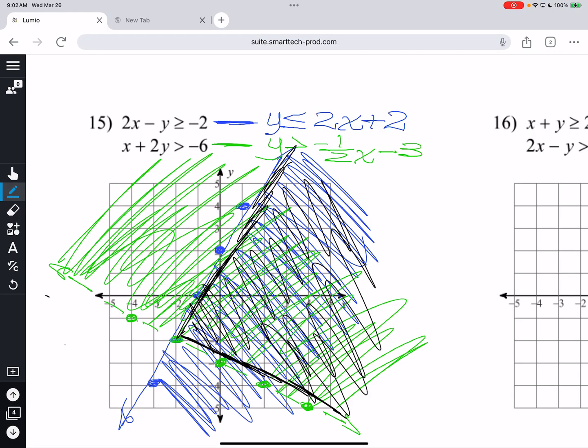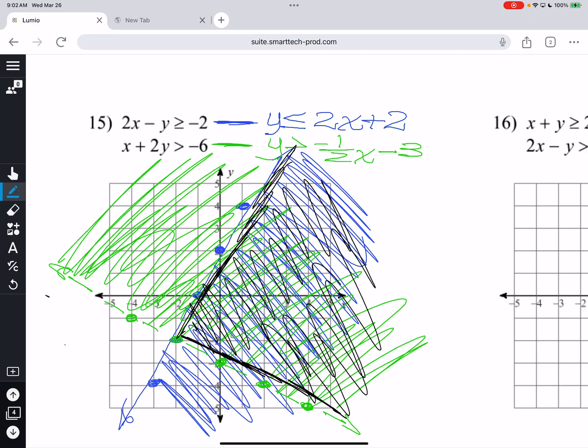If they have the same slope, what does that make the line? They would be parallel. But that doesn't mean no solution. You're going to have to look to see how the shading goes.